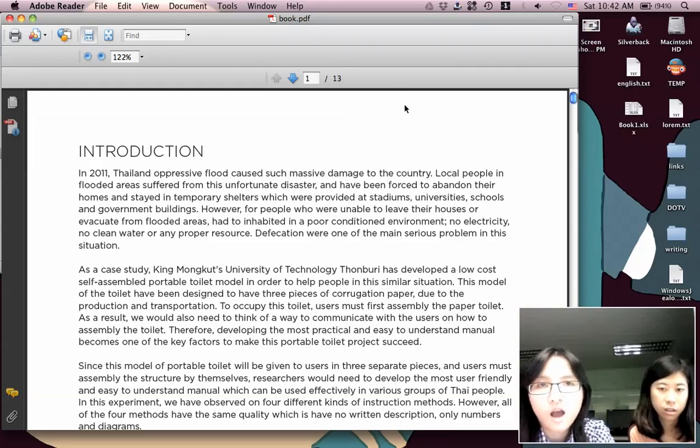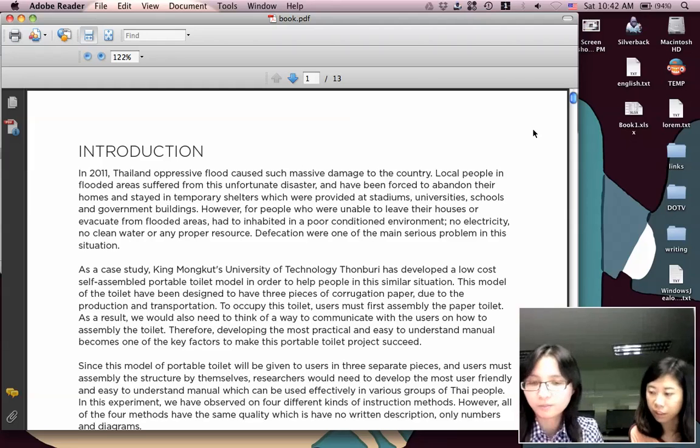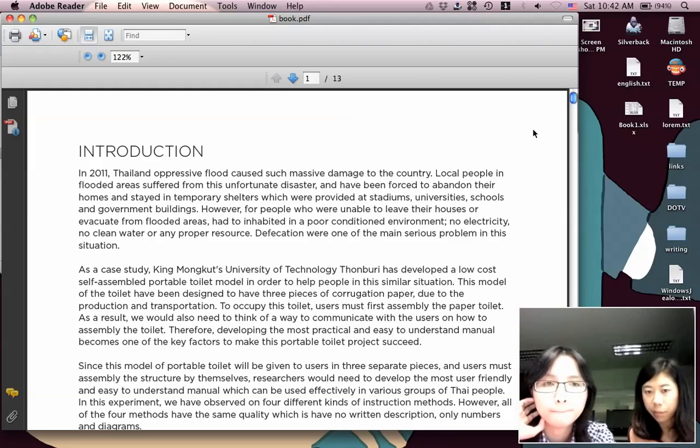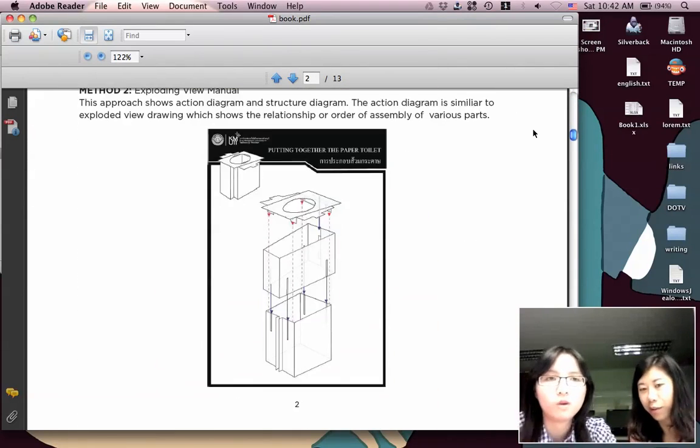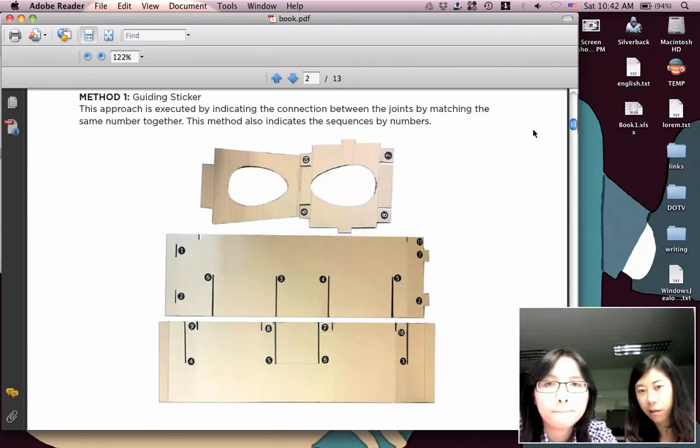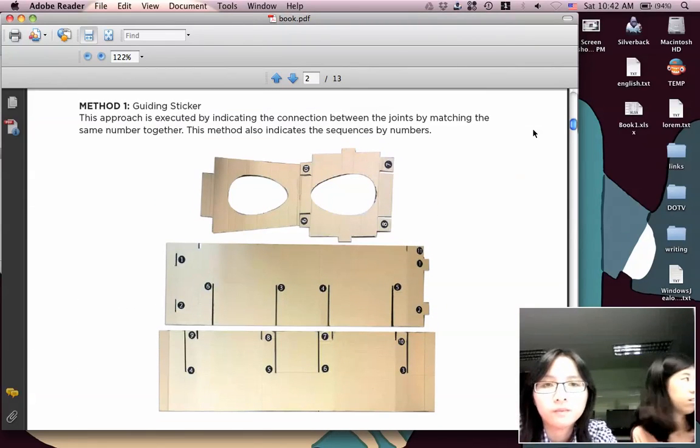So the university started a project of inventing a low-cost toilet made from corrugated paper.